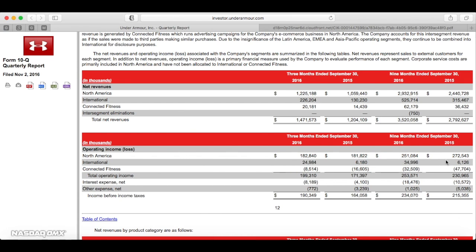Now, again, why I said the international expansion is kind of like virgin snow almost for Under Armour. Look at the operating income that has expanded on the international side. So certainly something to be excited about. Now, if and when this international side starts to decelerate or peak or show signs of scaling and not accelerating like this for Under Armour, and who knows, that international stuff can come and go with a quickness.